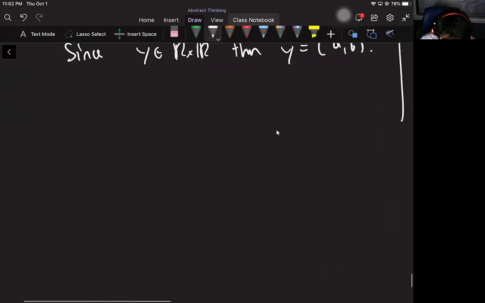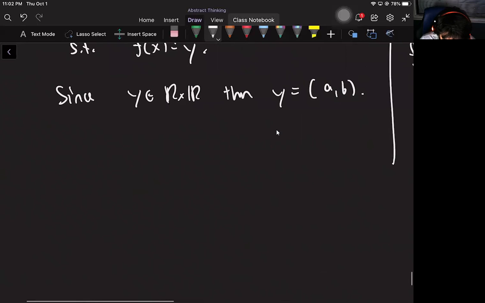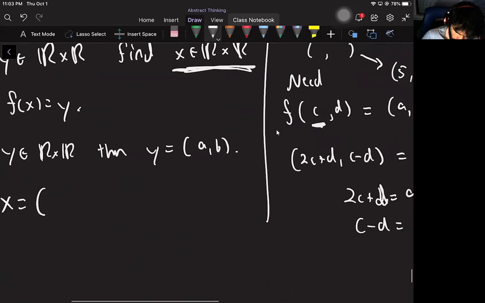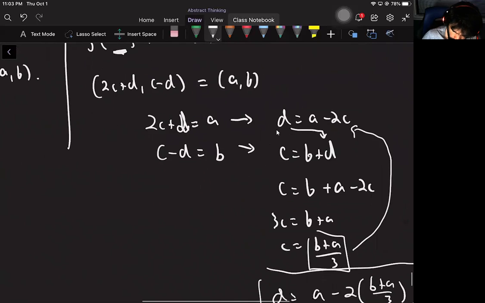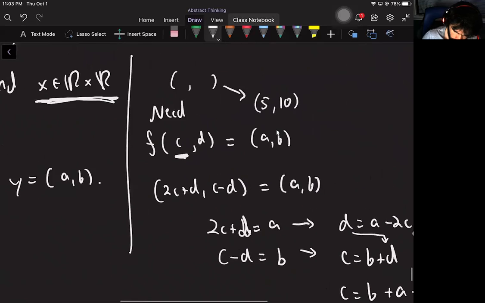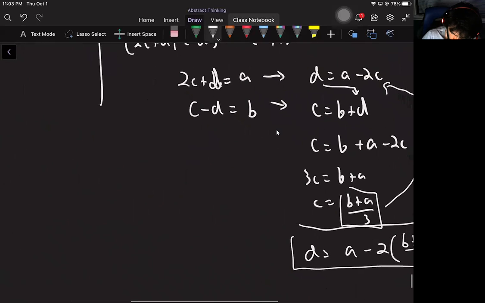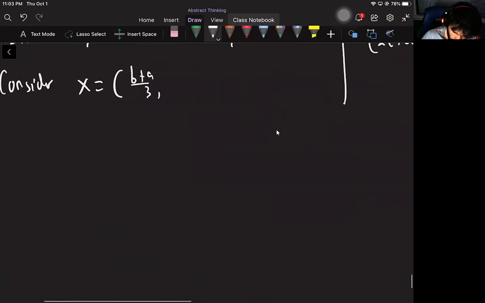Okay, now I can put that in the proof. So consider x equal to: the first coordinate I said needs to be (b plus a) over 3, and the second coordinate needs to be a minus 2 times that.